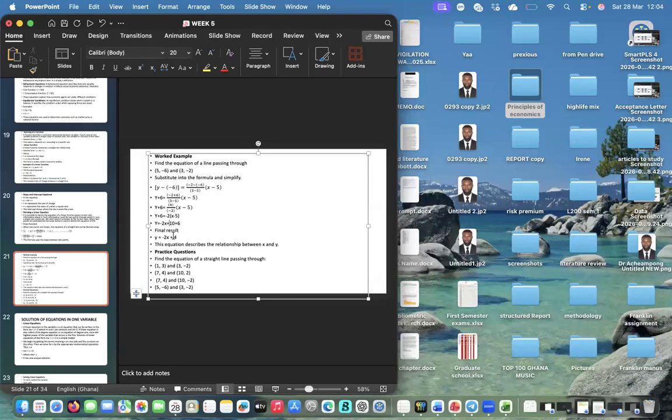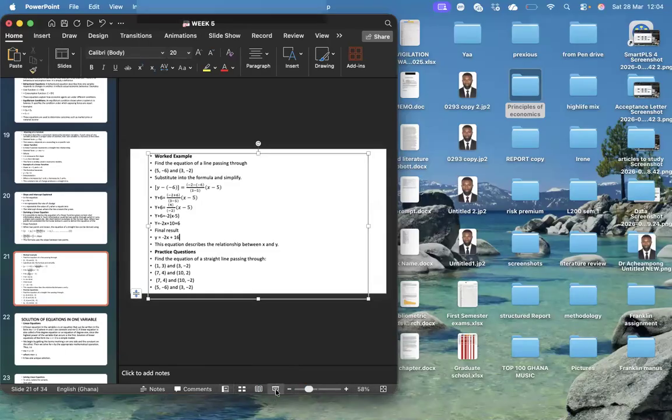Therefore, it becomes negative 2x minus what? 16, right? Yes, sir. Negative 2x plus 16.